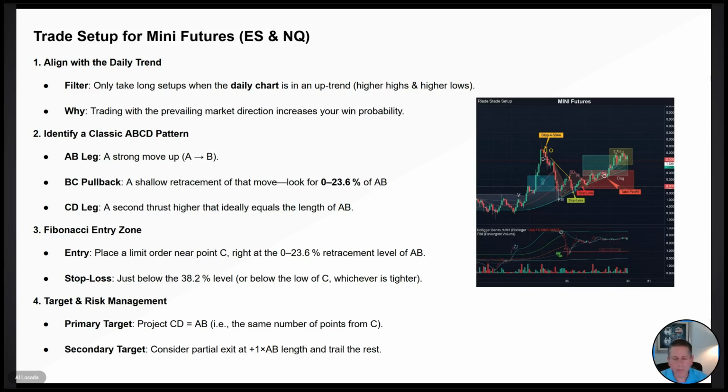I'm going to show you here in a minute what that is. It's basically a strong move up, a pullback, and then another move higher. Okay, and that's basically what the ABCD pattern is. That again is working with Fibonacci's. All right, and I'll show you here how these targets work.